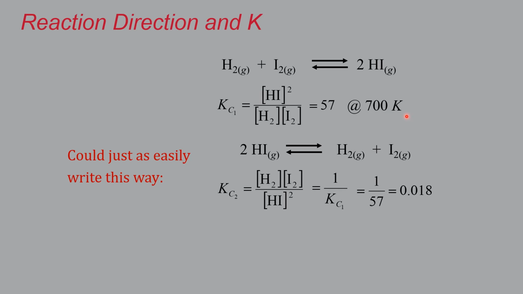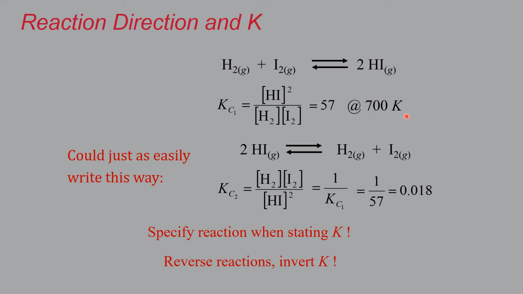So there are 2 morals to this story. Number one, just because of the products over reactants convention, specify the reaction as you're using it so everyone knows what you are referring to as the products and what you are referring to as the reactants, because it does matter.